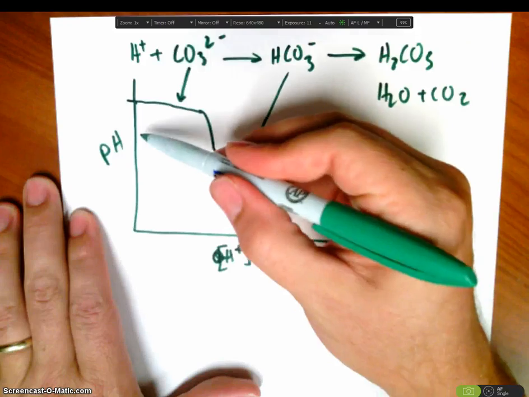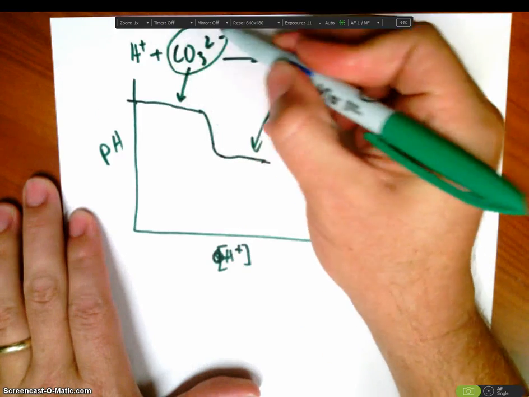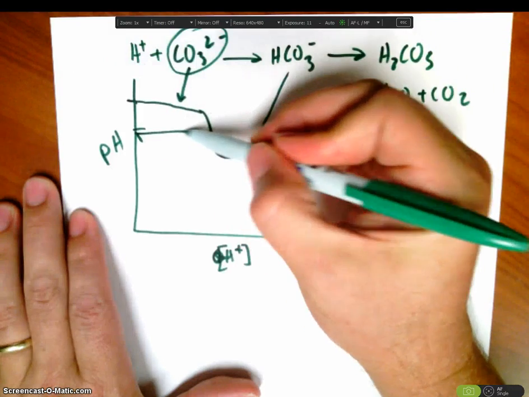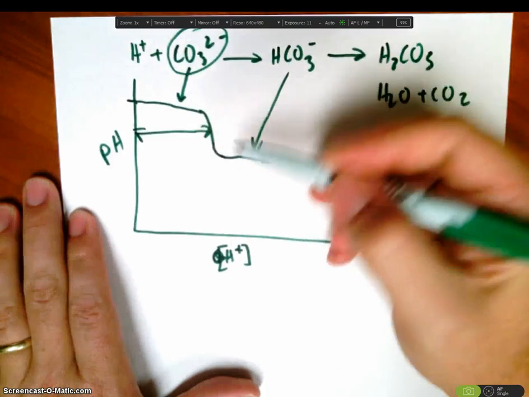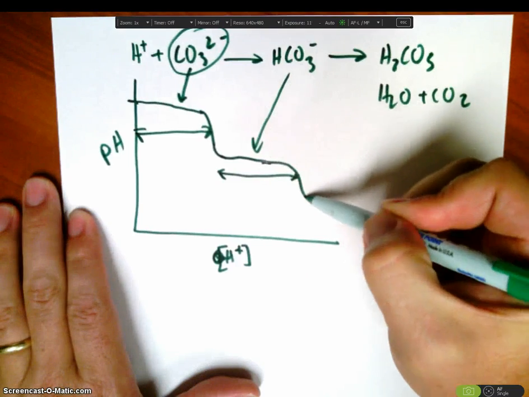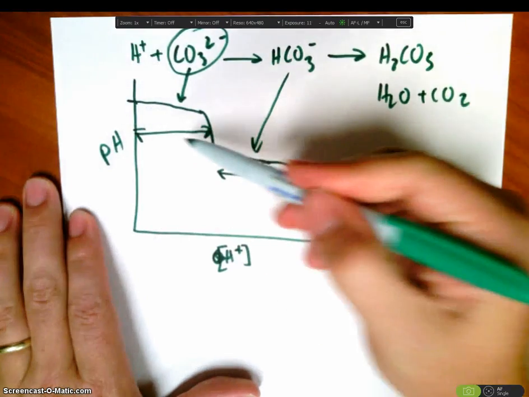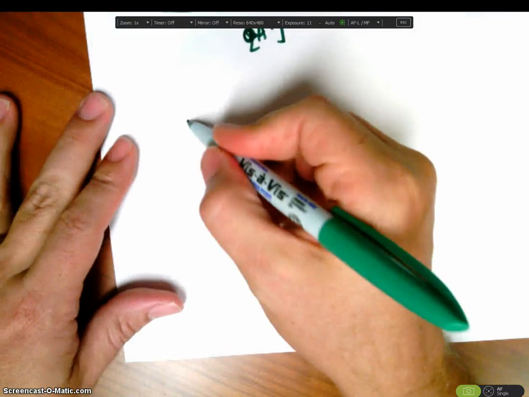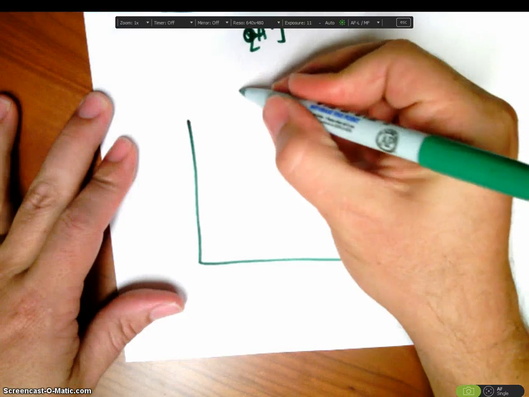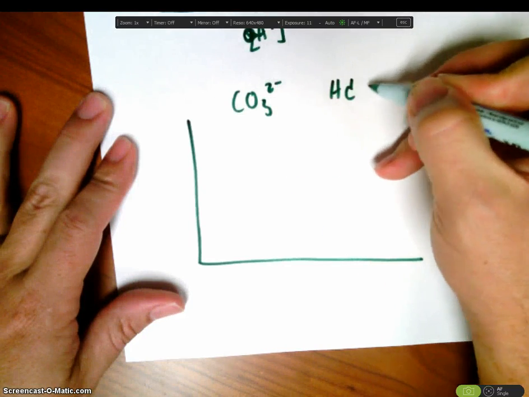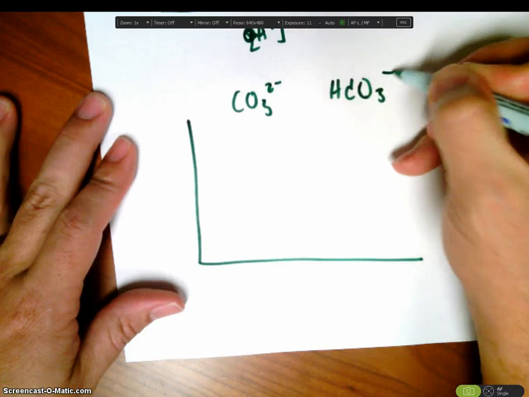Now, if I start off with just carbonate ion, sodium carbonate, then the amount of carbonate ion, this length here, will be the same as the length of this curve there, right? So this length would be the same. If, on the other hand, I started with some carbonate ion and some bicarbonate ion, and this is our case, right?